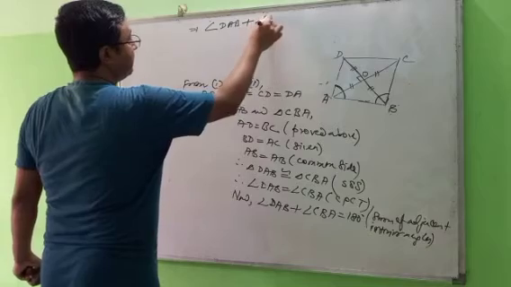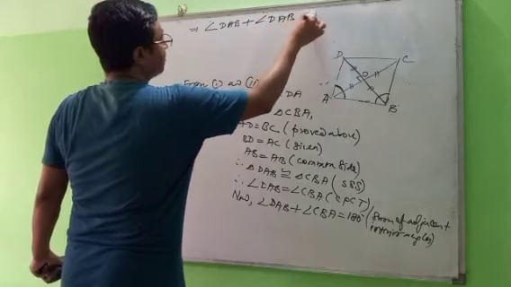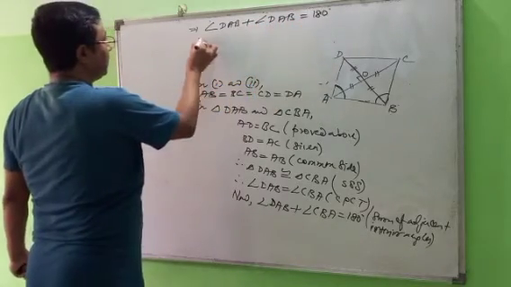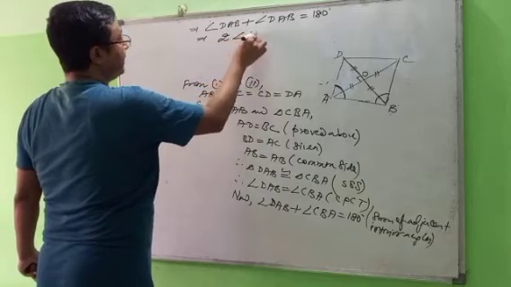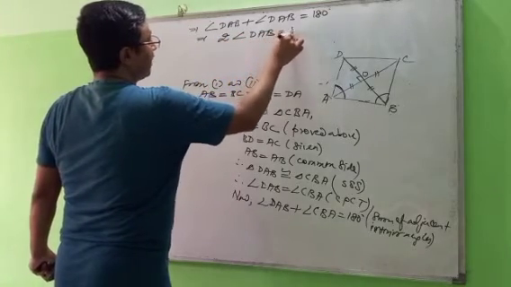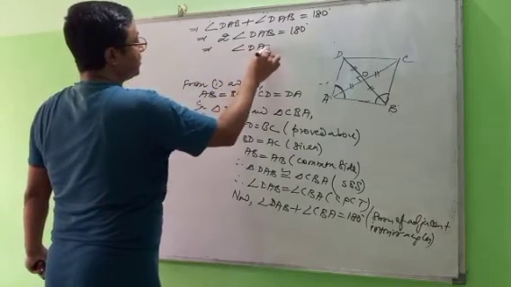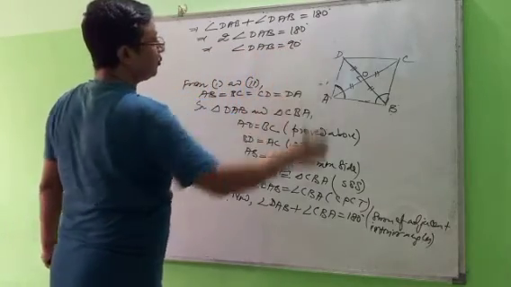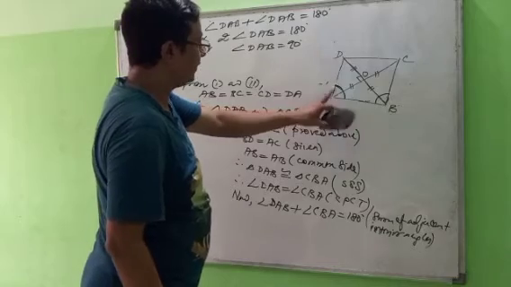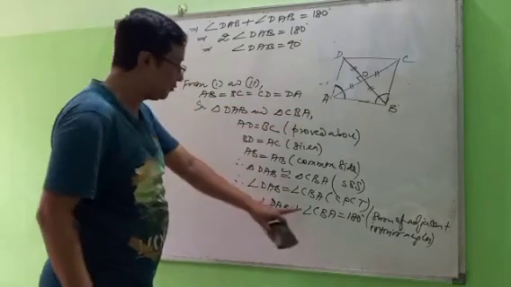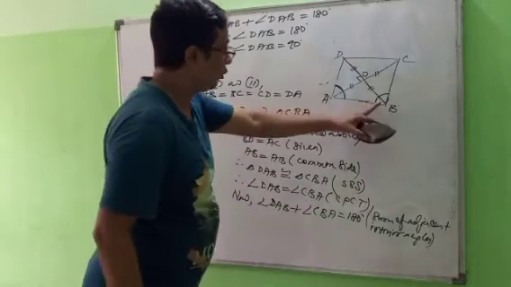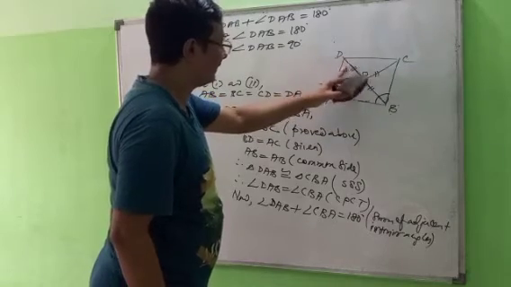So angle DAB plus angle DAB equals 180. So you will get twice angle DAB equals 180. So this gives angle DAB is equal to 90 degrees. So you got this angle 90. So if this one is 90, similarly you will get angle B also is 90 degrees.